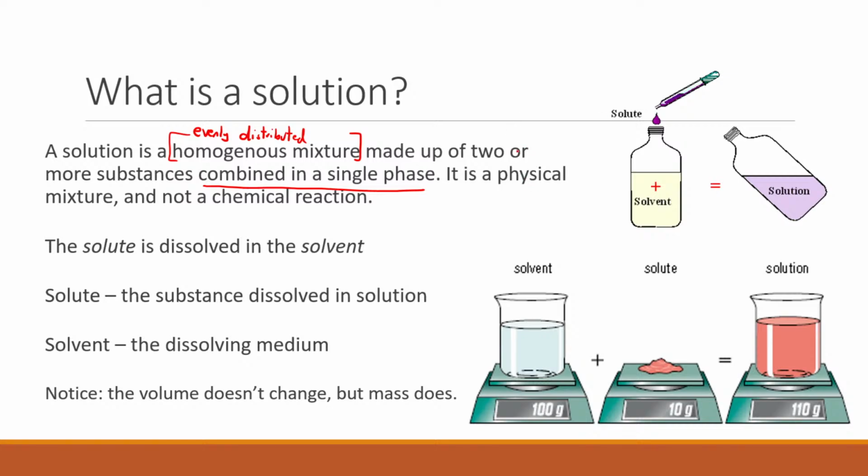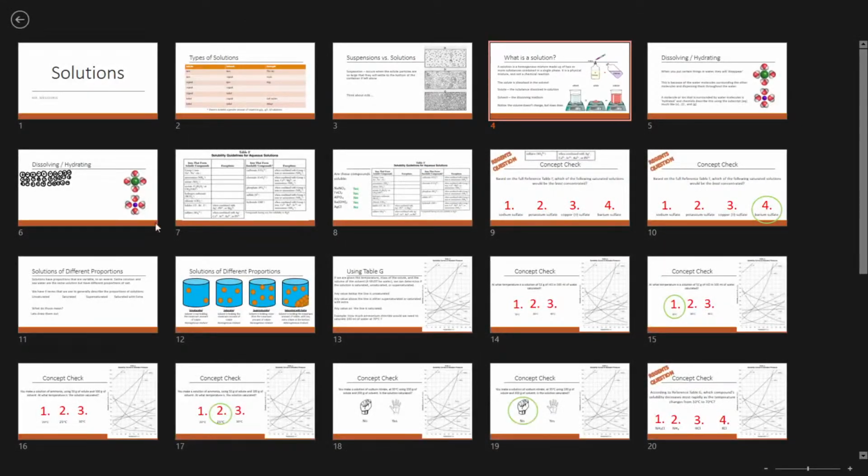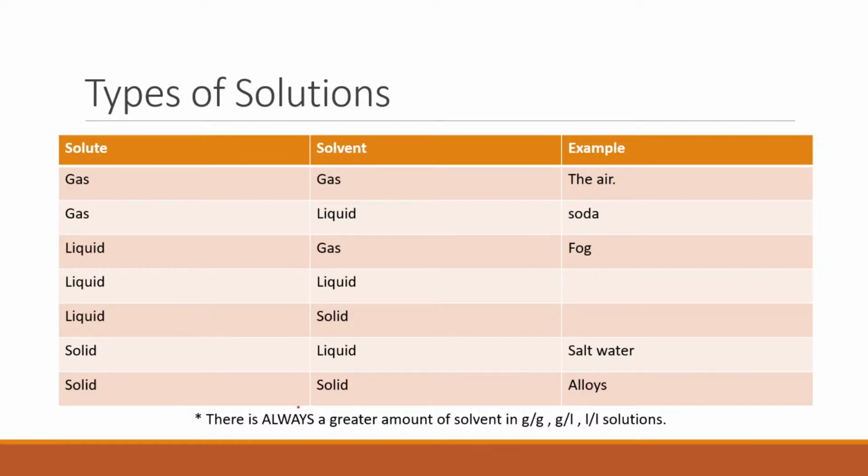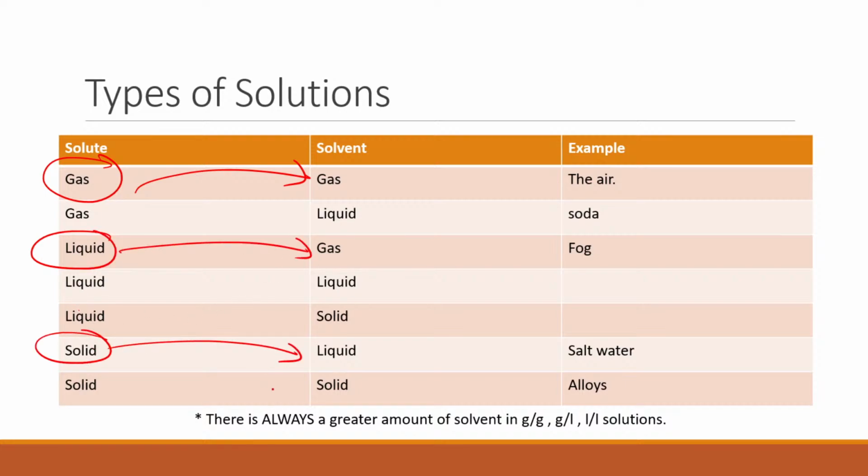So, is the solvent always a liquid? No. Actually, you can have a bunch of different things. You can have a gas going into a gas, you can have a liquid going into a gas, you can have a solid going into a liquid. You can have any combination of phases to make a solution.